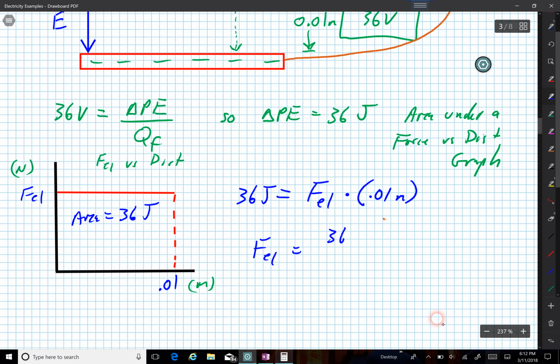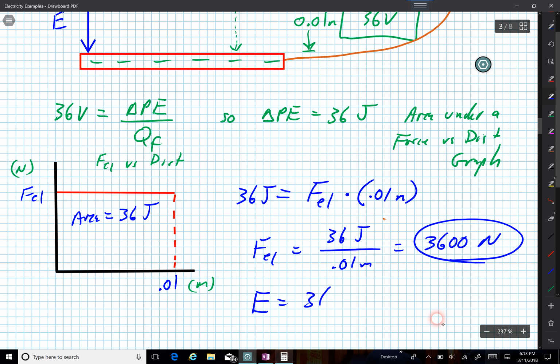Force electric is 36 joules divided by 0.01 meters, and that's going to be equal to 3,600 newtons. So the electric field is 3,600 newtons per coulomb.